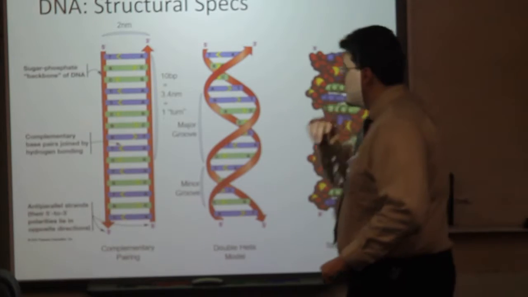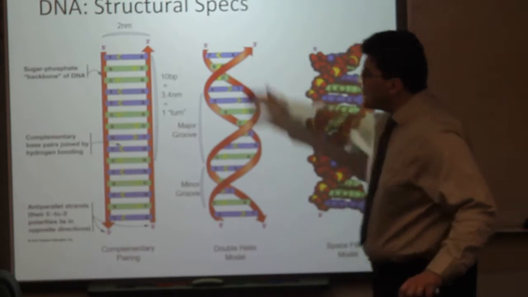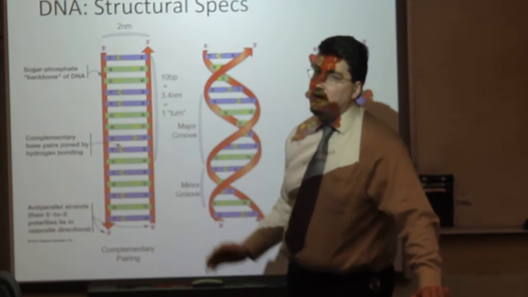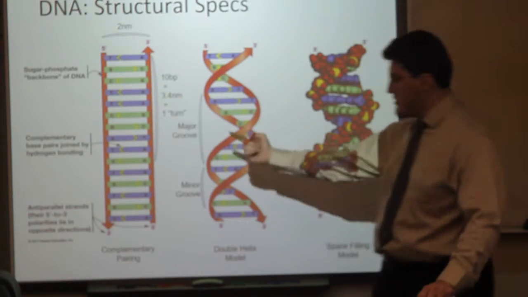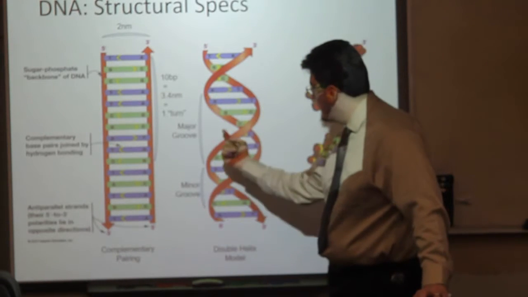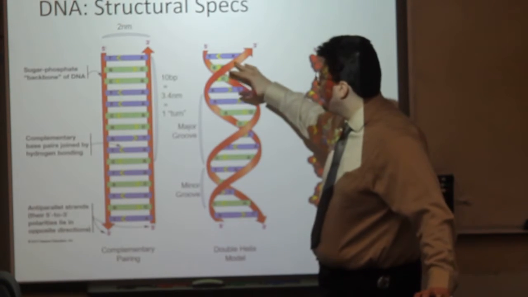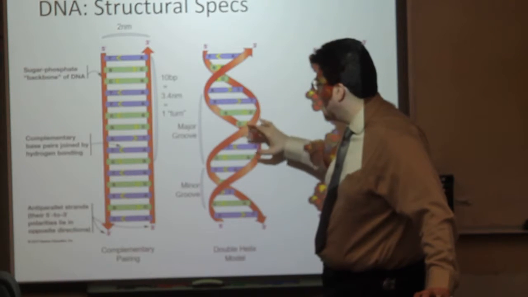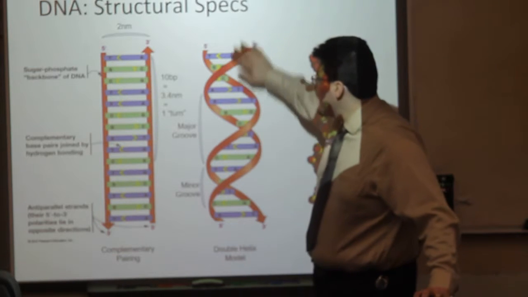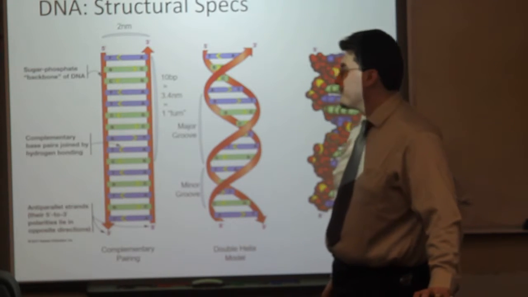But in terms of average length, every 10 base pairs is 3.4 nanometers. That is 1 turn of a DNA helix. 1 turn is 10 base pairs: 1, 2, 3, 4, 5, 6, 7, 8, 9, 10. That will be 3.4 nanometers.